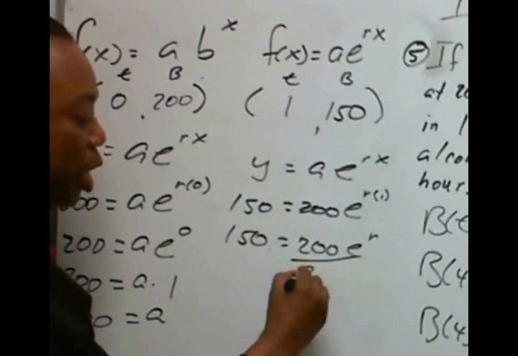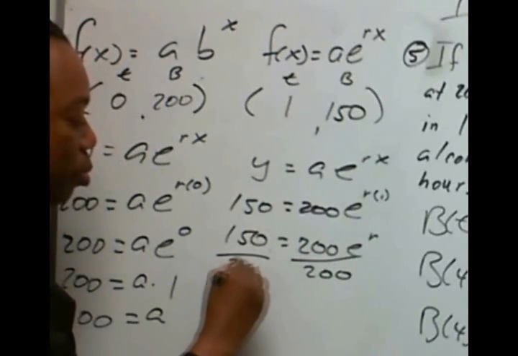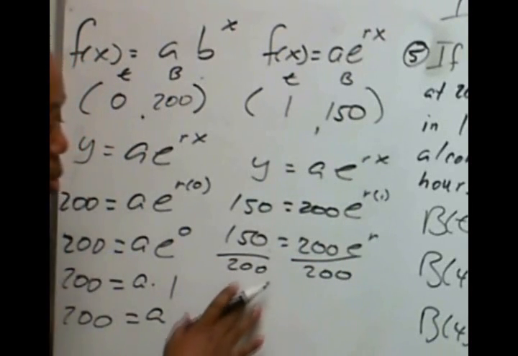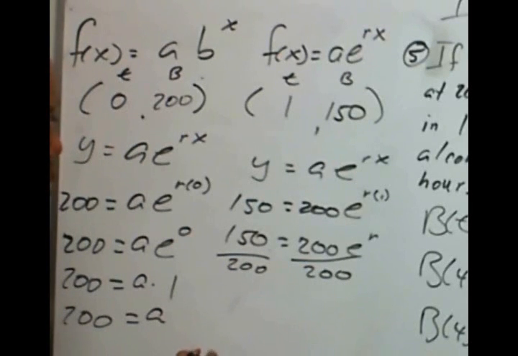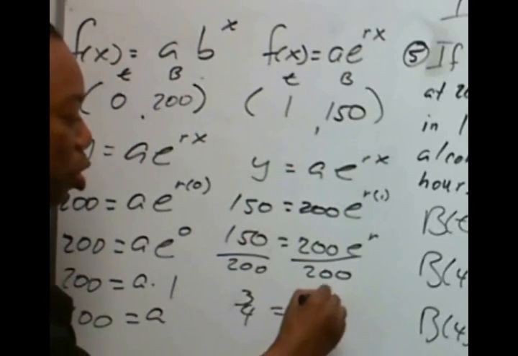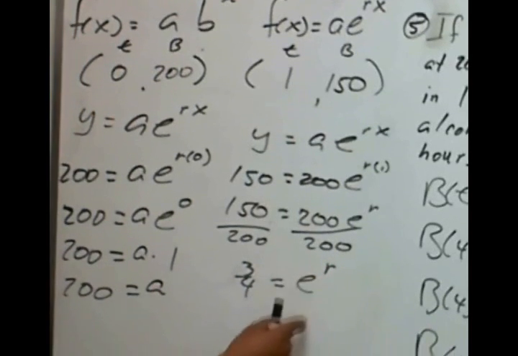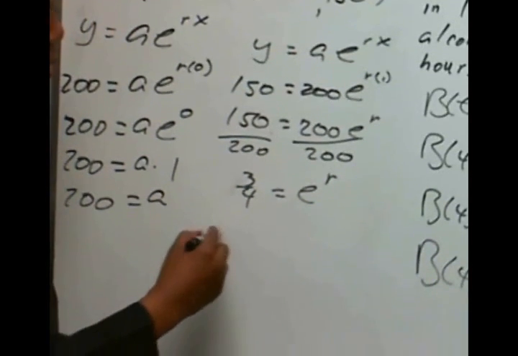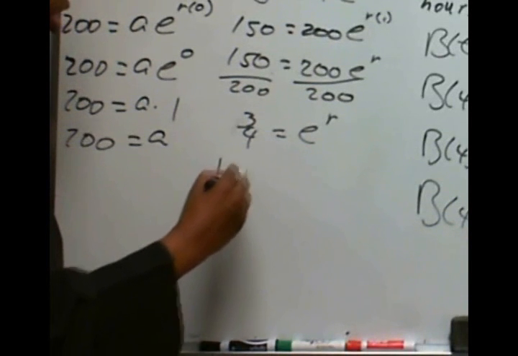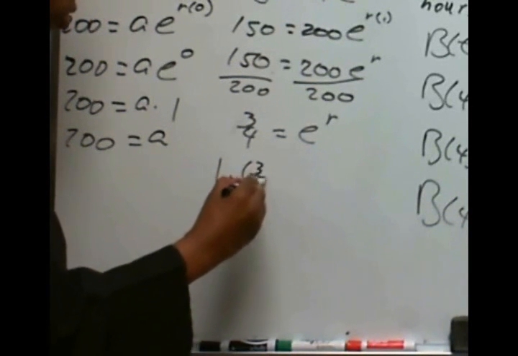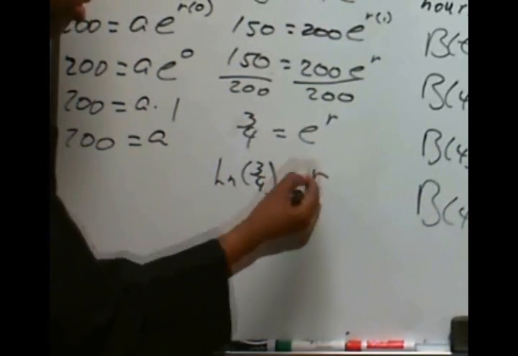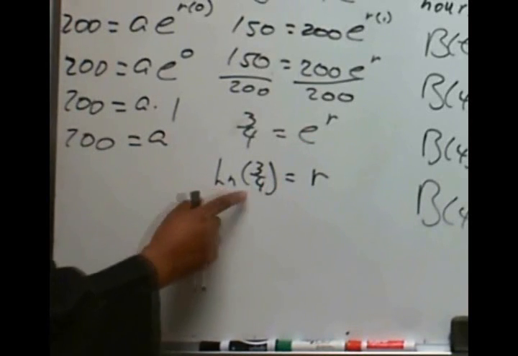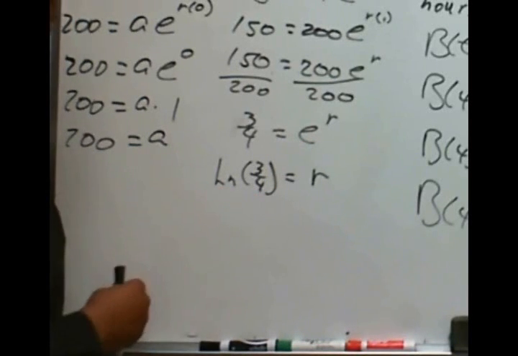Divide both sides by 200, we end up with 3/4 equals e to the r. Now to solve for r, we're going to use a rule of logarithms that says the natural log of 3/4 on this side will equal the r on that side. So r is the natural log of 3/4.